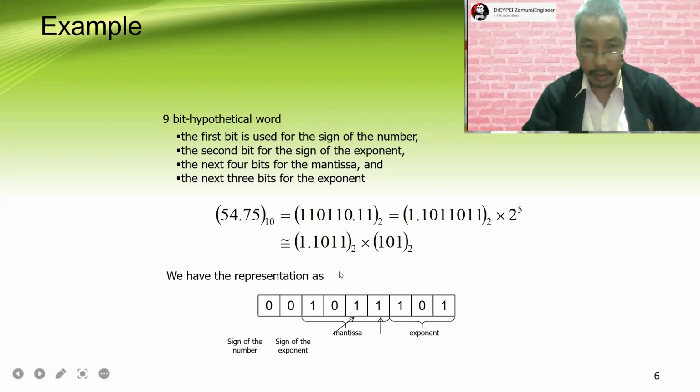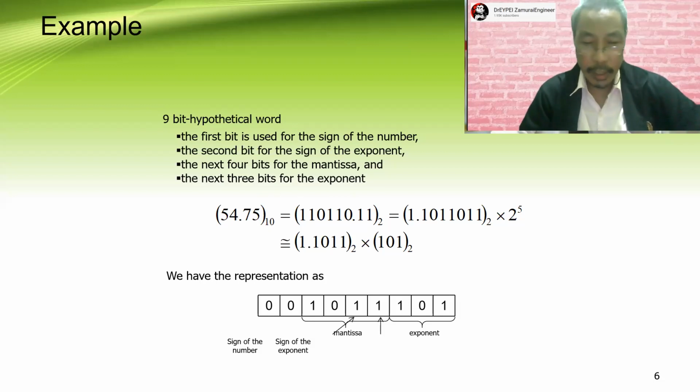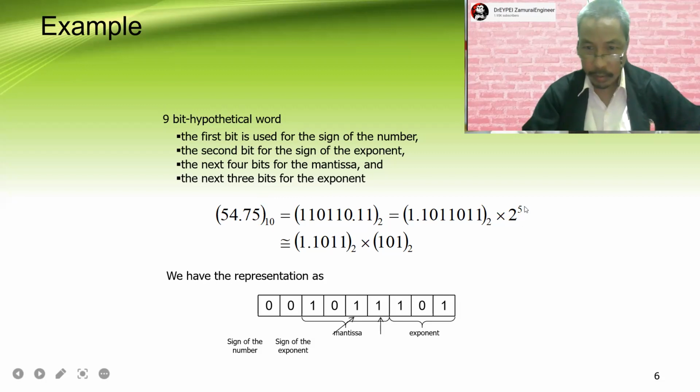So this is how they locate where is the sign of the exponent. Since in this example 5 is the exponent, but 5 is positive, that's why the second bit will have to be 0. 0 means positive.